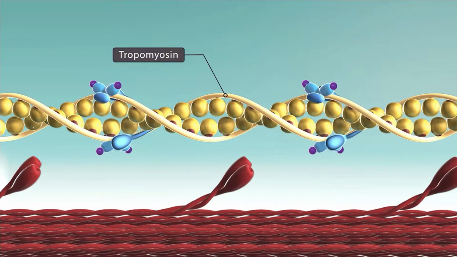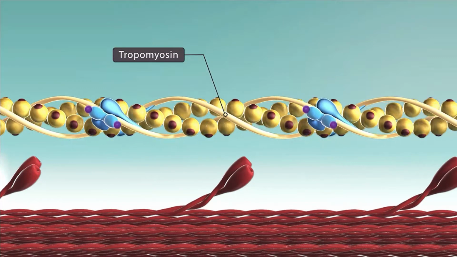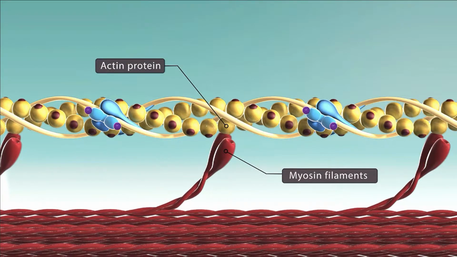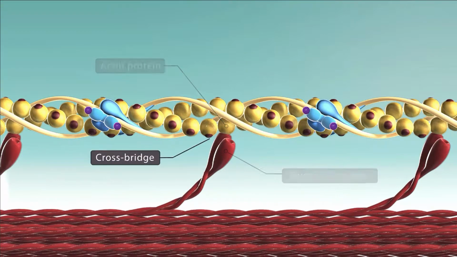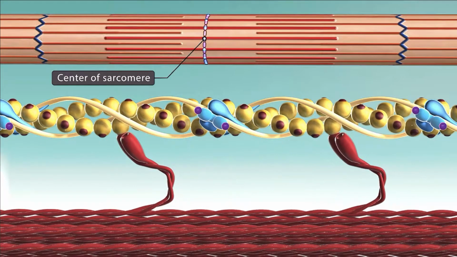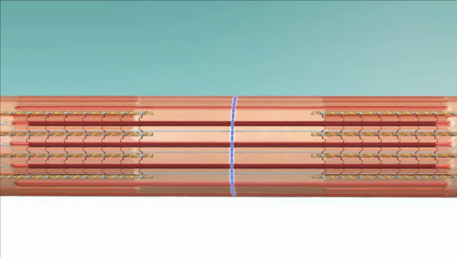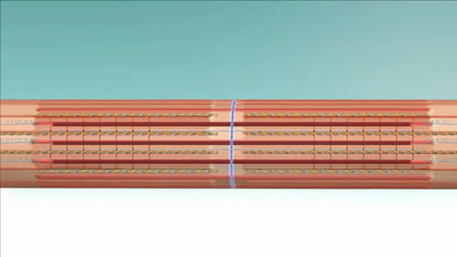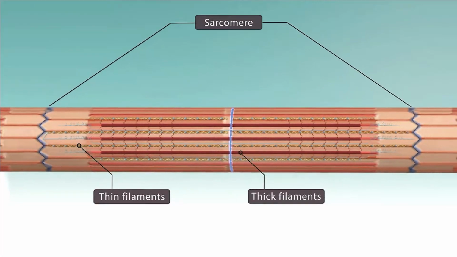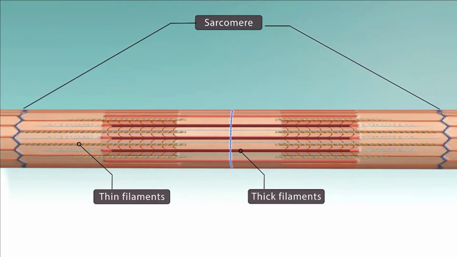Troponin then changes shape and pulls the tropomyosin to the side, allowing myosin to attach to actin. When myosin forms a cross bridge with actin, then the myosin head bends as it slides actin toward the center of the sarcomere. Contraction of the sarcomere is a series of stepwise cycles occurring between the thin and thick filaments simultaneously throughout the sarcomere.